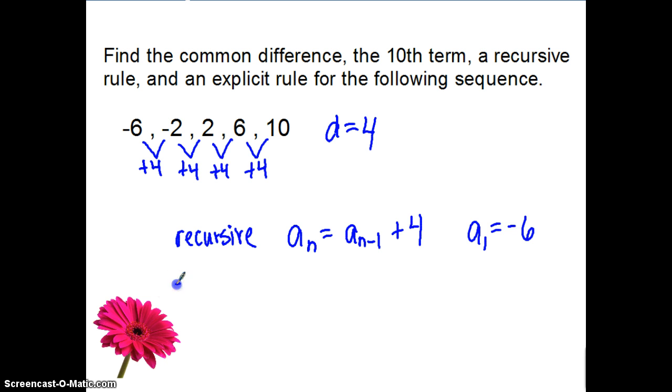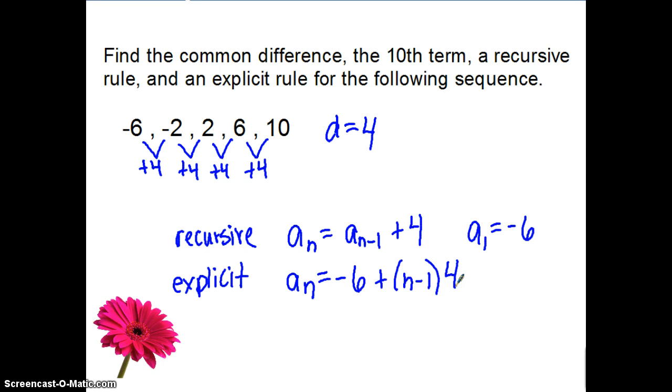Our explicit rule, if you look back at the formula that was given to you, that rule says a sub n equals a plus n minus 1 times d. Alright, our a is our starting number, which in this case is -6, our very first term, plus n minus 1 times d, or our common difference, which in this case is 4.